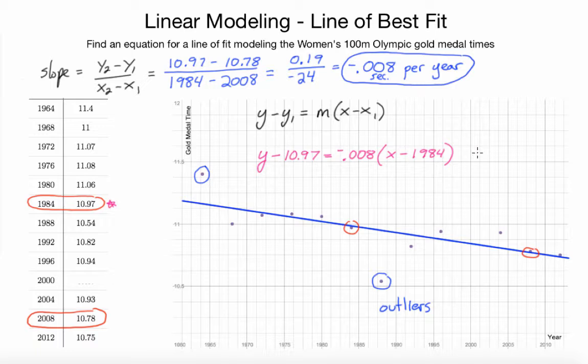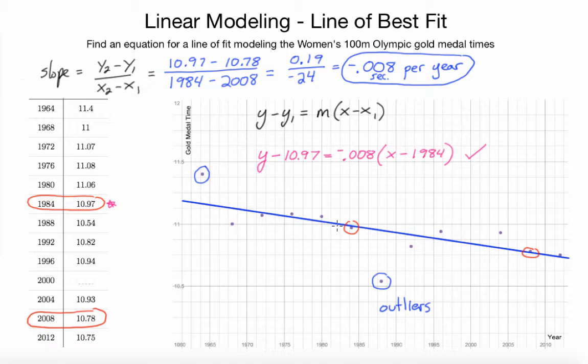I'm going to go ahead and just leave it like that because it's great. I could simplify it. I could distribute the negative 0.008 and turn it into slope intercept form, but this gives me something that I could use. And I now have a linear equation that models this line, and this line follows the trend of what we see going on for the women's winning times, gold medal times for the 100-meter dash.